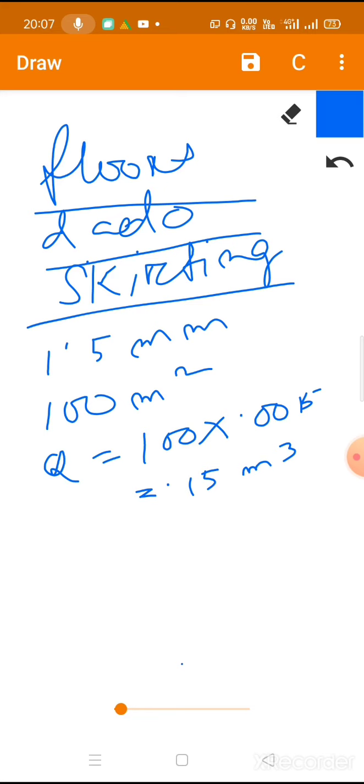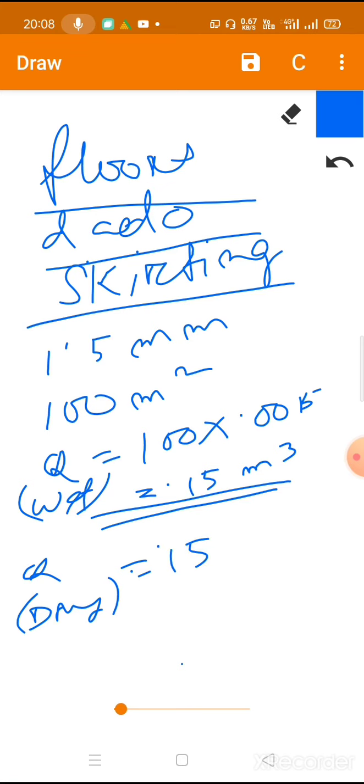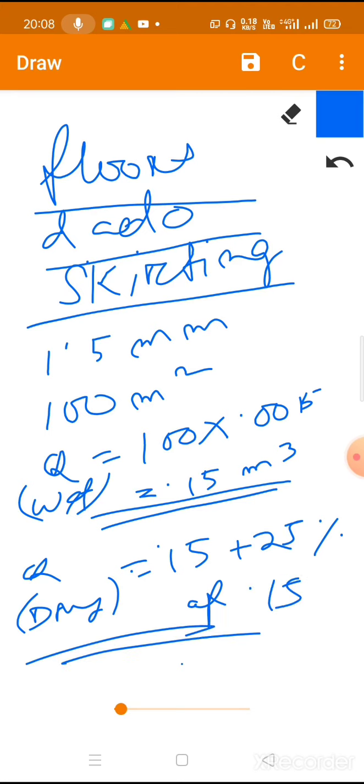There isn't too much of rough patches, there isn't too much of uneven surfaces, so we can convert this wet volume directly into dry volume without considering any extra mortar for uneven spaces. Directly convert it into dry by adding 25% extra, 0.15 plus 25% of 0.15. This is the total dry volume.